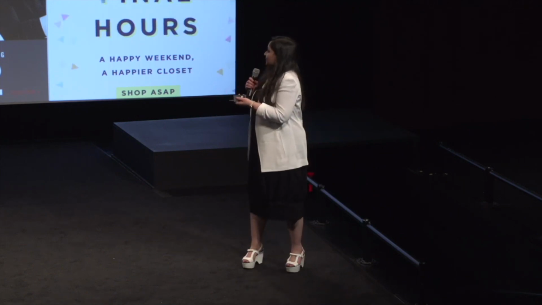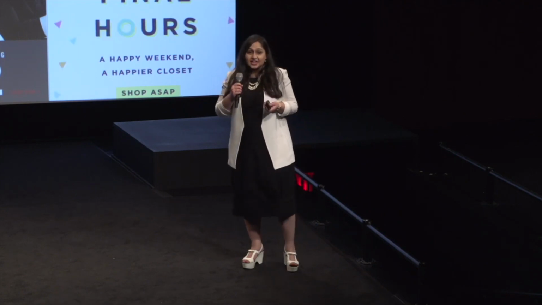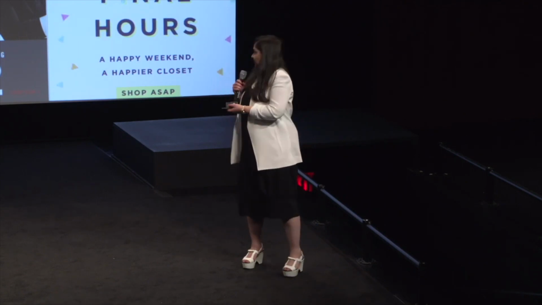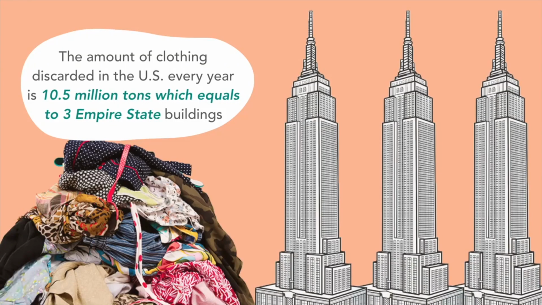Clothes are easy, cheap, and fast, and this trend is known as fast fashion. The amount of clothing discarded from US is 10.5 million tons annually. That equals the weight of 3 Empire State Buildings. Most of this clothing is made of synthetic material, like polyester and nylon.